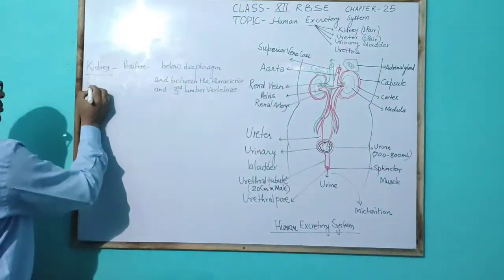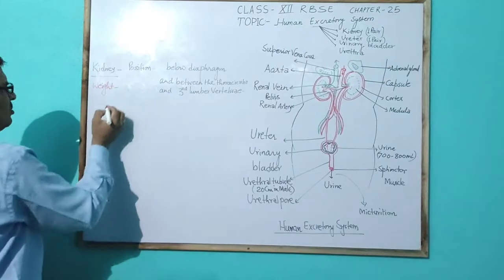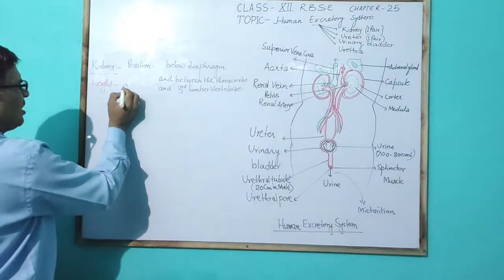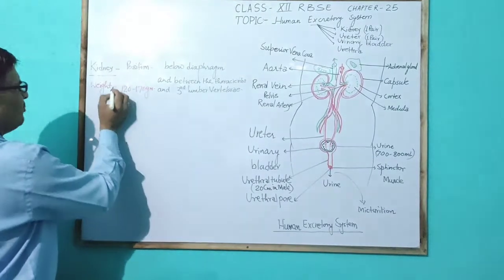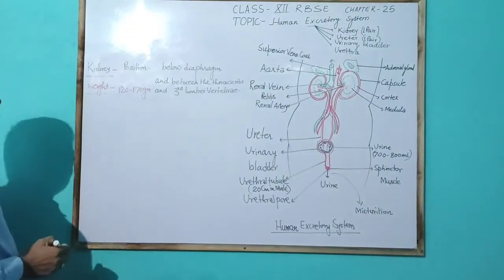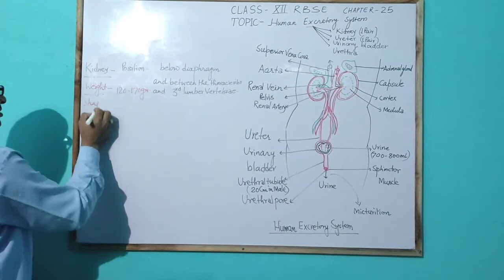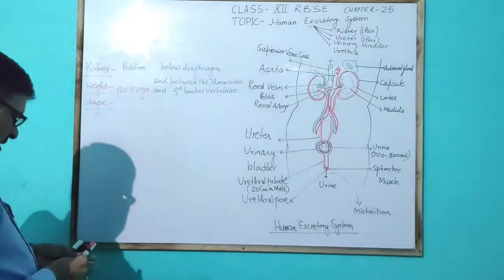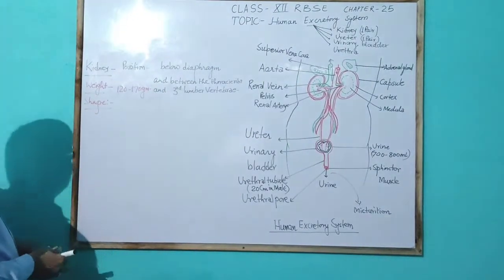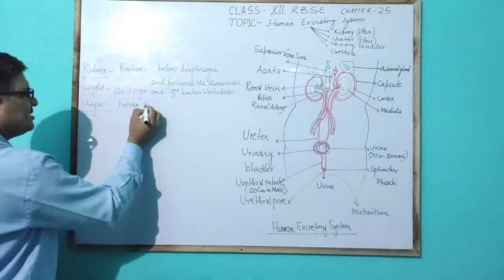What is the weight of one kidney? So the weight of one kidney is about 120 to 170 gram, and the shape of the kidney is mainly bean seed shape.